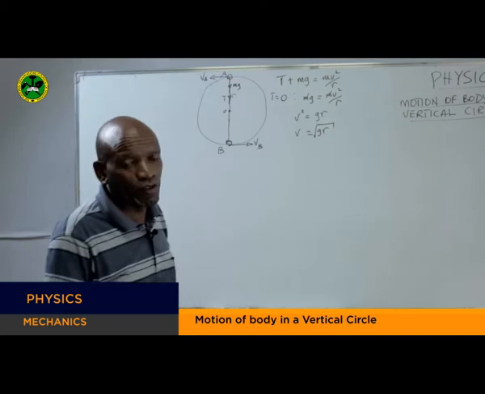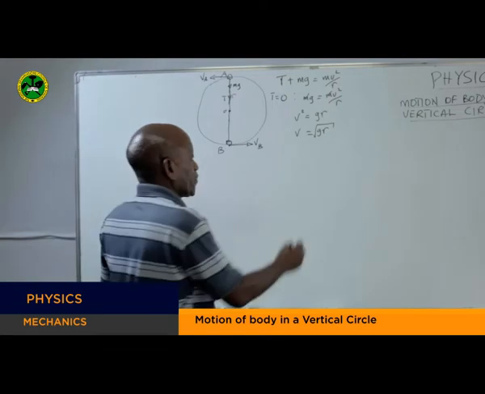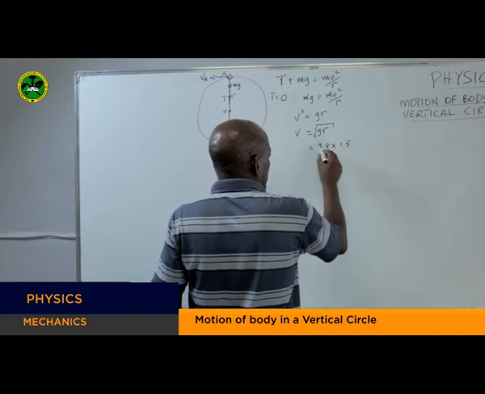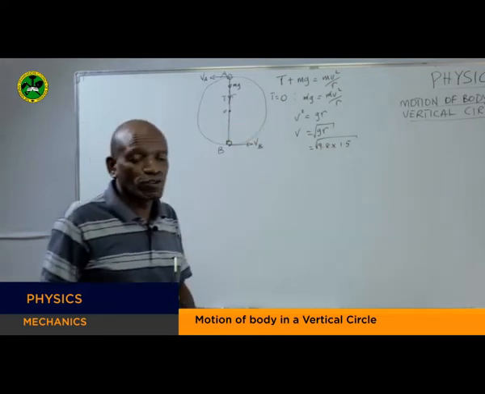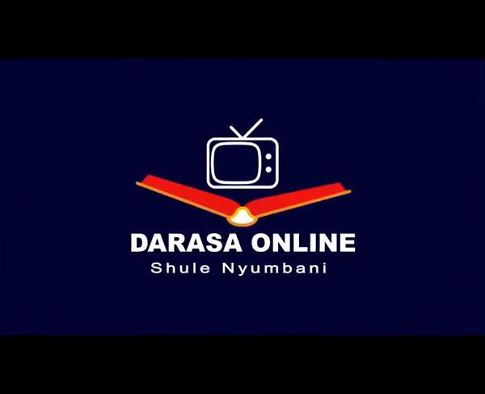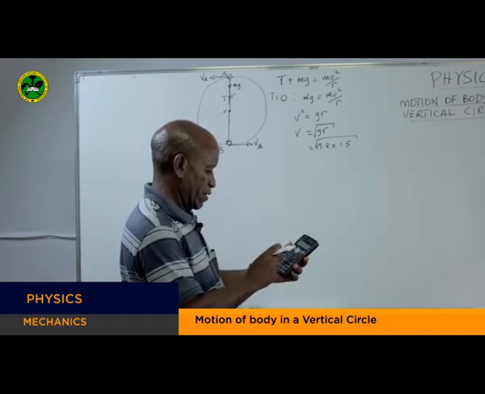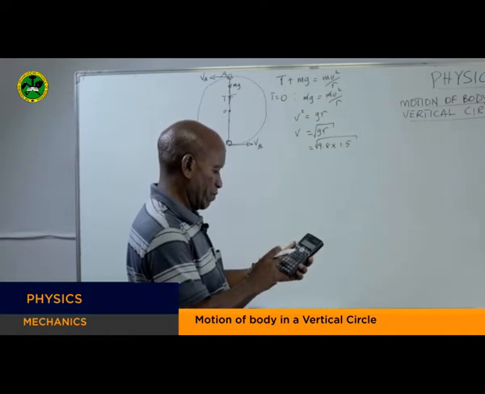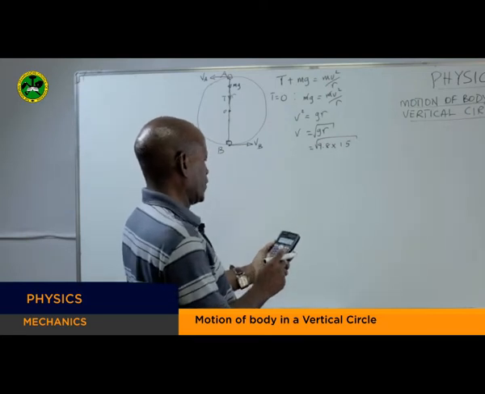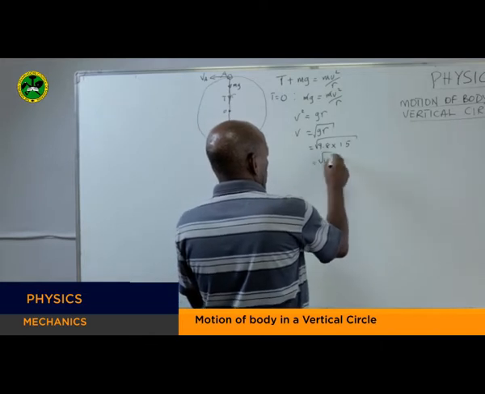Now we calculate the minimum velocity whenever a bucket passes at the top. The g there is 9.8 and the radius is 1.5 meters. We look for the square root of that expression. Computing this using your calculator, you take 9.8 times 1.5, you get 14.7.